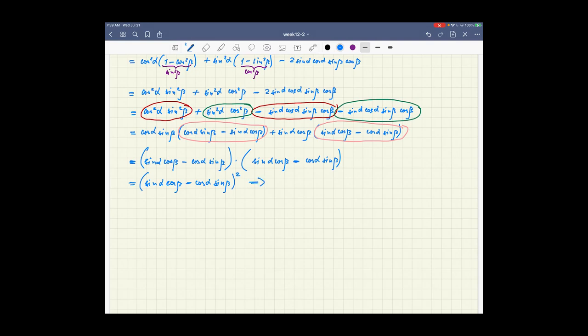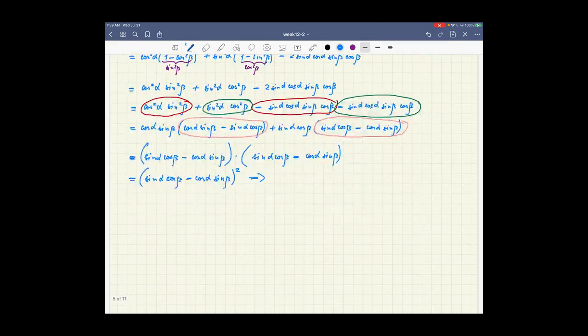And so what we have obtained is that sine squared of alpha minus beta equals the square of sine alpha cosine beta minus cosine alpha sine beta.